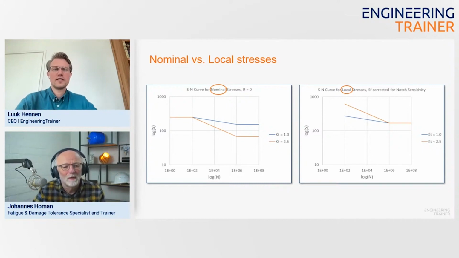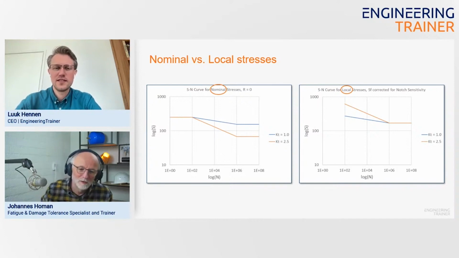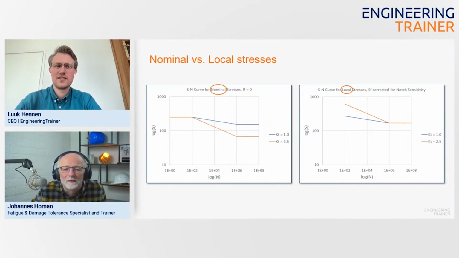Basically, why is that, Johannes? Why does it have different slopes? Well, as I mentioned, we have the peak stress at the hole, but if you have different KTs, you have a different stress distribution through the net section, and the steeper the curve, the better in fact it is for fatigue.